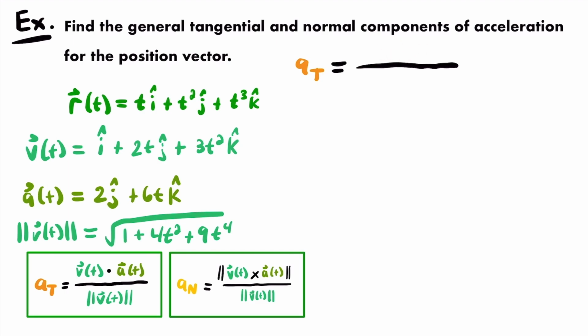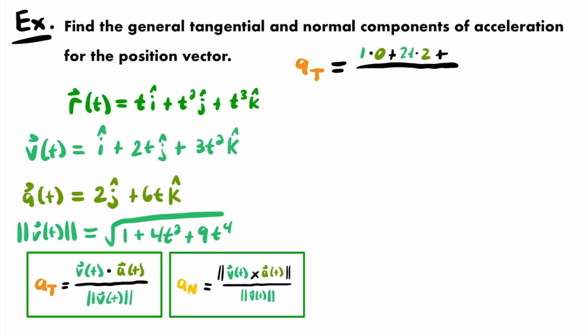We want to take the sum of the product of corresponding components. So we'll start by multiplying the x components. The x component for the velocity vector is 1, but for the acceleration vector it would be 0 because there is no x component. So we have 1 times 0, and then we're adding that to the product of the y components. And so we have 2t times 2. I'll write that down. 2t times 2.